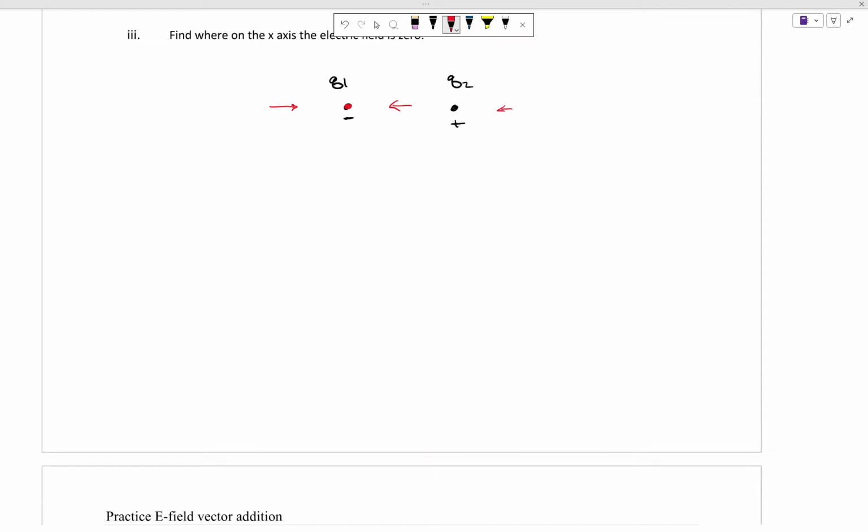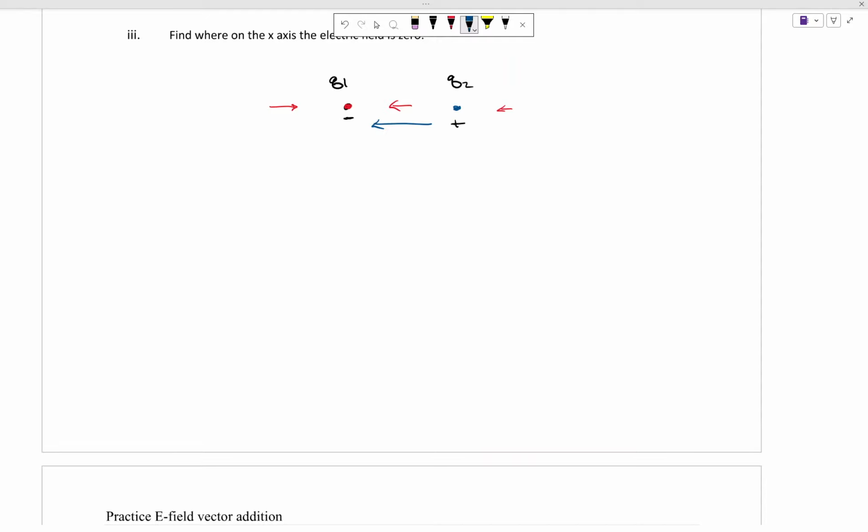And notice I'll draw the arrow shorter when it's farther away because we know that the electric field goes like 1 over r squared. And then let's make Q2 blue. For Q2, the electric field lines point away from Q2. And for the same distance, we're going to make them longer to indicate that the electric field from Q2 is stronger because Q2 is 3 times larger than Q1.